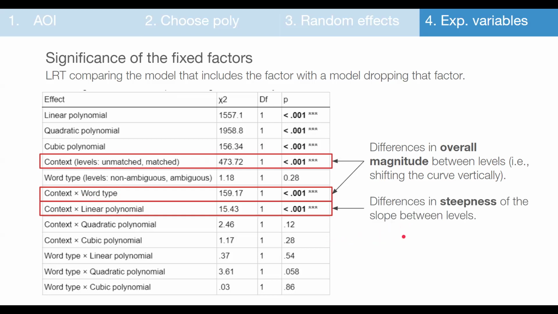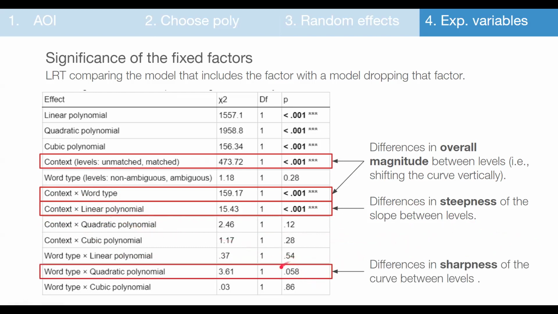What happens when we check the interactions? So this interaction, for example, that is significant, is telling us that there are differences between the levels of the context, between match and mismatch, in the steepness of the slope. There are differences in the value of the slope between levels, because we are talking about this linear polynomial.